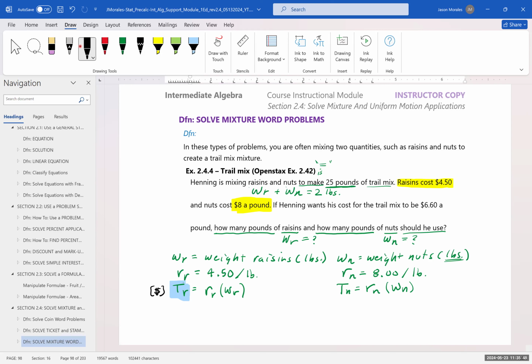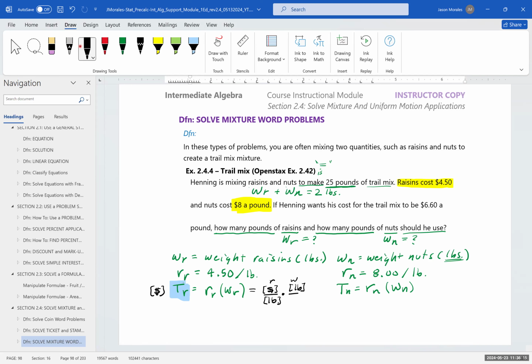Rate is in dollars per pound, multiplied by the weight, which is in pounds.